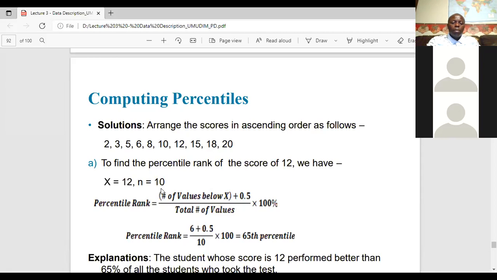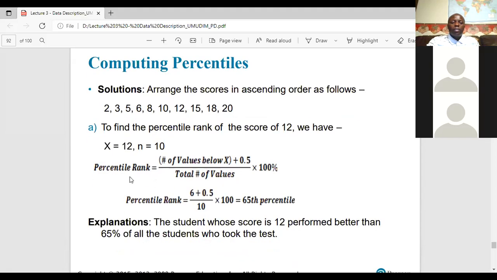Let's say you are given: find the percentile rank of the score of 12. So this becomes your X. Say X is 12. How many numbers do we have here? 1, 2, 3, 4, 5, 6, 7, 8, 9, 10. 10 numbers, so N is 10.